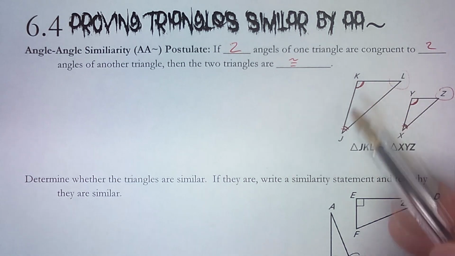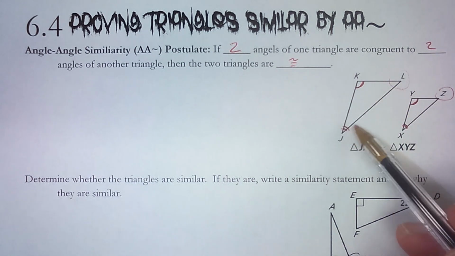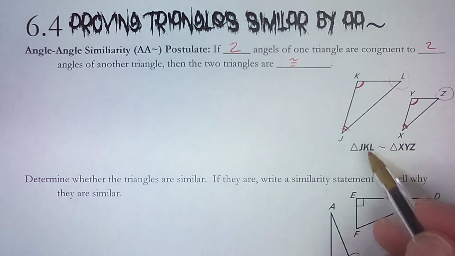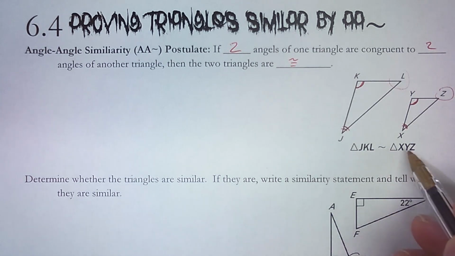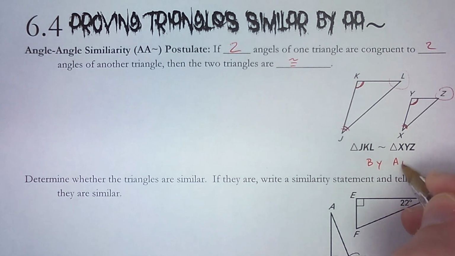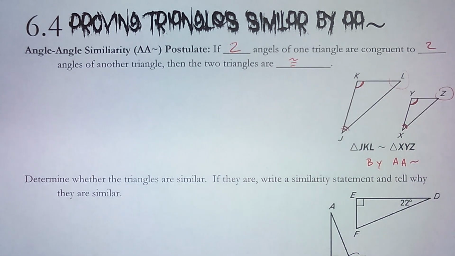So if I have two sets of congruent angles, that's enough to know that I have three sets of congruent angles and that the triangles are similar. So here, triangle JKL is similar to triangle XYZ, and they are similar by the angle-angle similarity postulate.